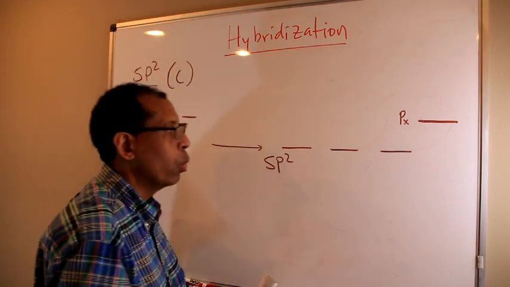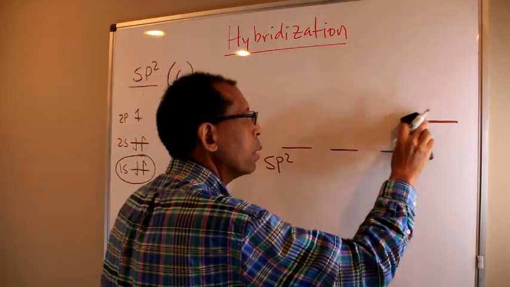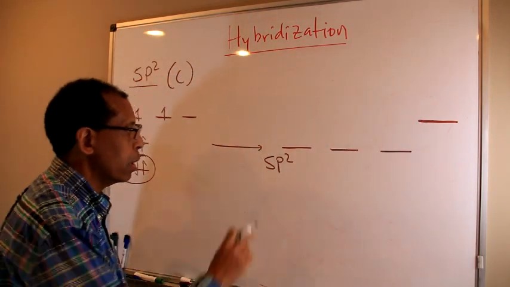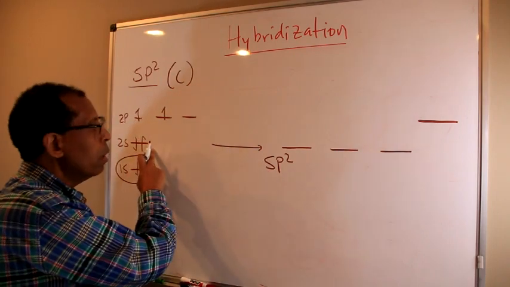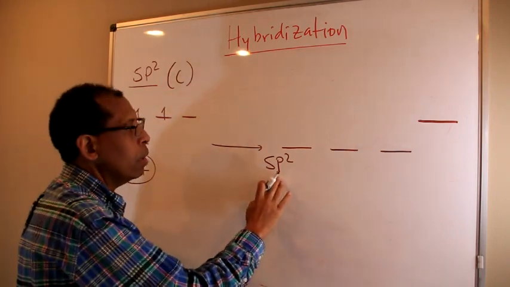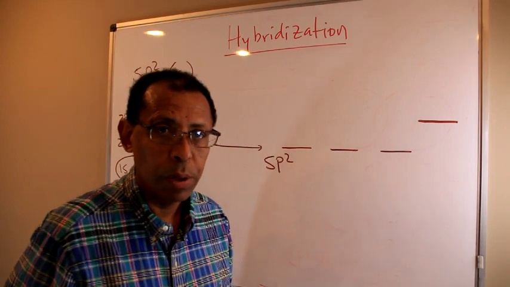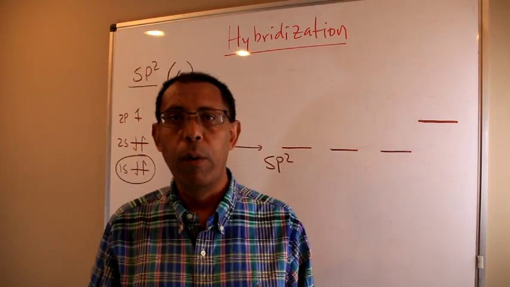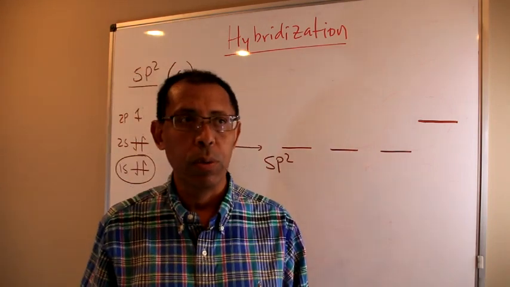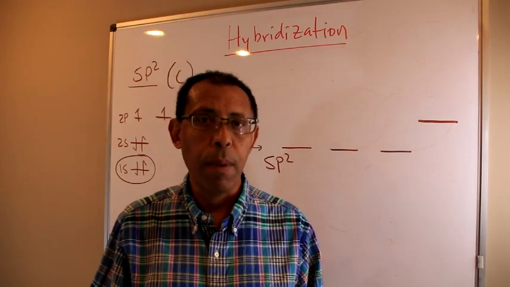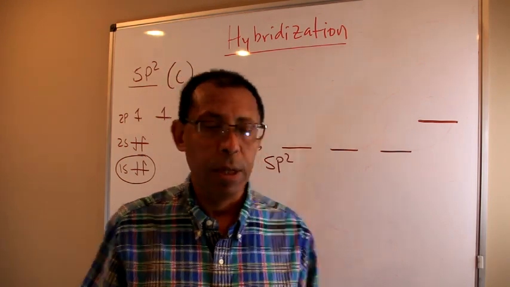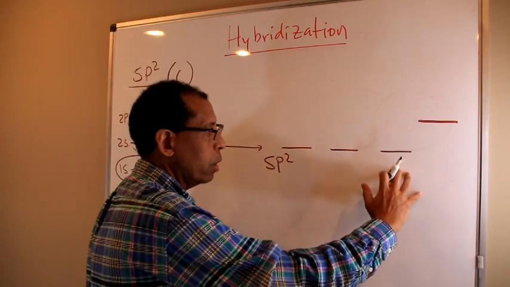It doesn't matter which one, but one of the p orbitals is not mixed because we are just mixing one s and two p, which are degenerate orbitals. Remember, I have said all hybrid orbitals have the same energy. That's why we call them degenerate orbitals, or equal energy.